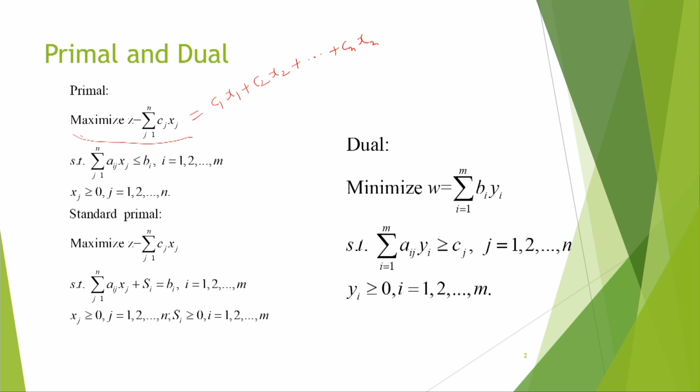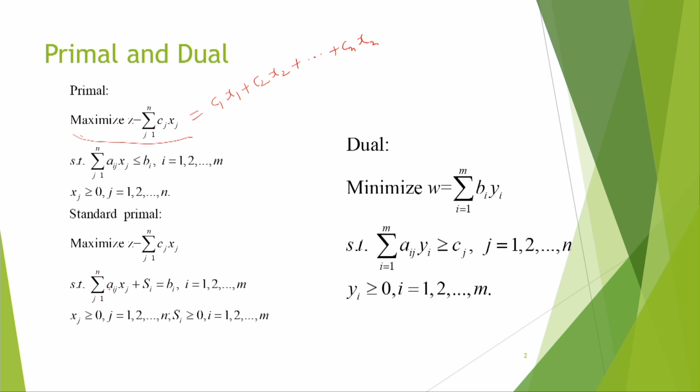So, xj is the design variable. Now, given this primal, there is also something called the standard primal. We can convert this problem into the standard primal. How? Maximize z equal to the sum from j equal to 1 to n of Cj xj, no change here.